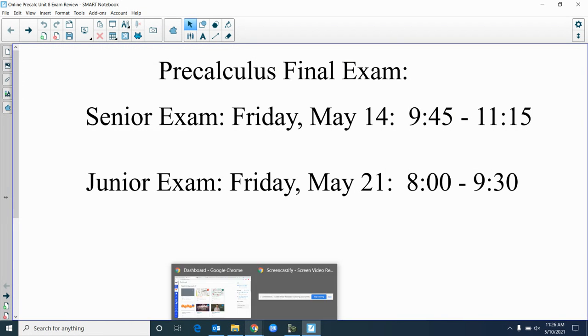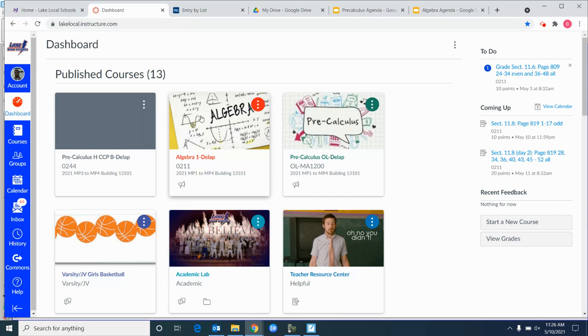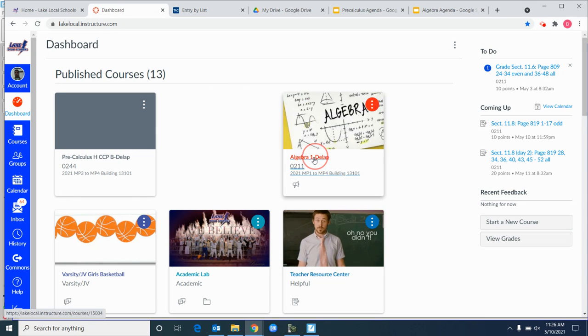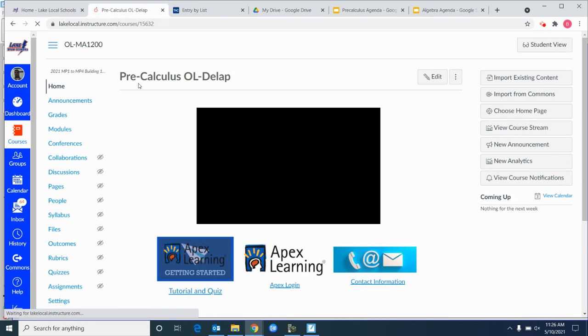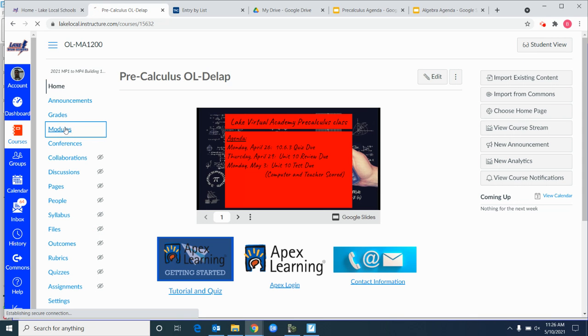I'm just going to show you where these things are housed. I will connect them on the homepage, but you can go to Canvas, and if you go to the online, you can access them through modules.